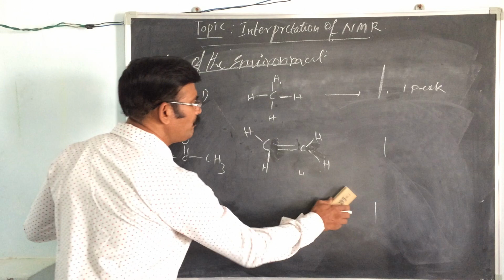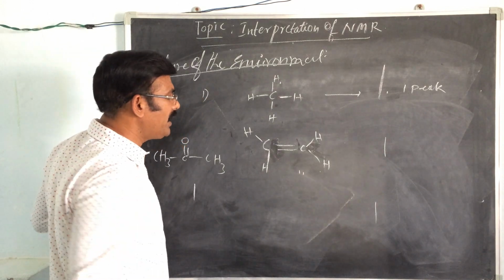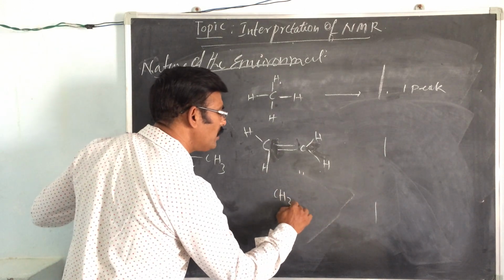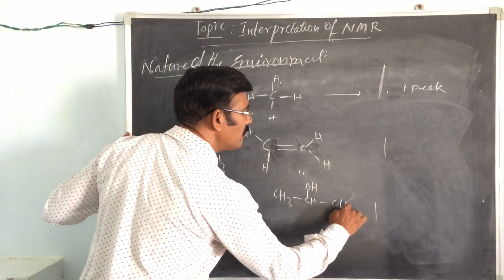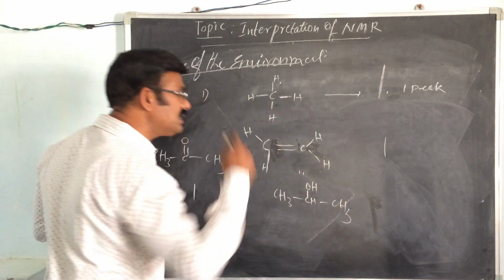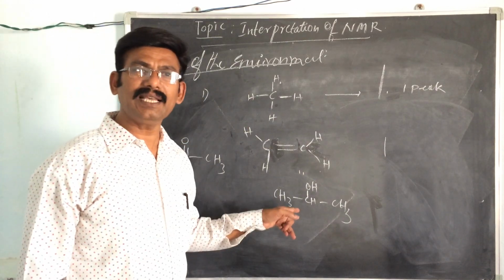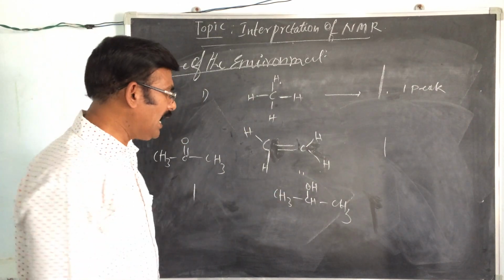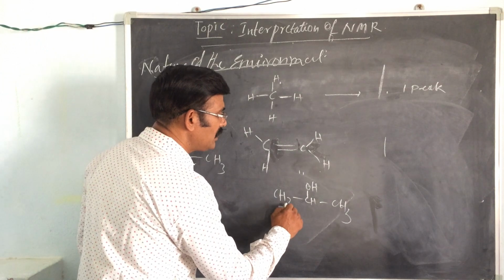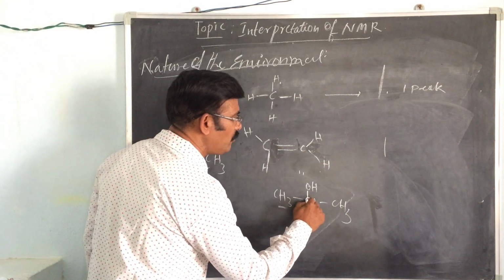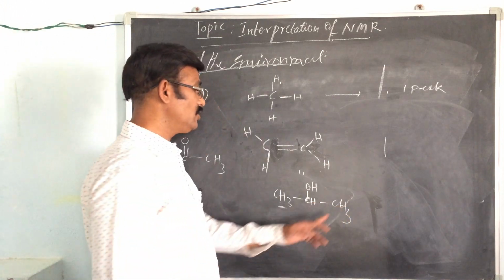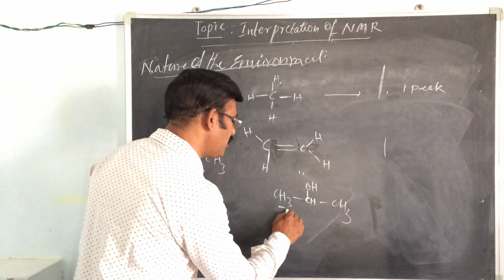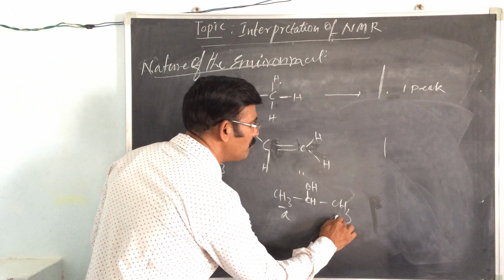So one more example. Here, if this compound is there, propanol. What is this nature? Here CH3, equivalent, the CH compound, and here CH3. So this is the one nature, A, environment.